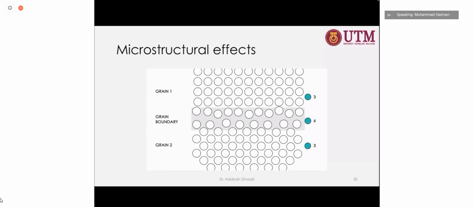More space. Yes. Why is there more space at the grain boundary? Defects. Defects, yes.